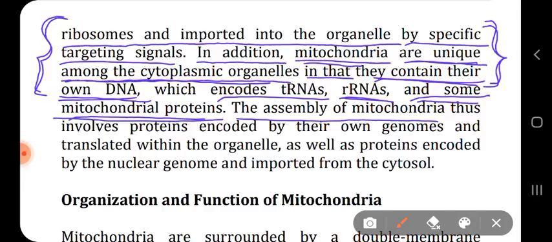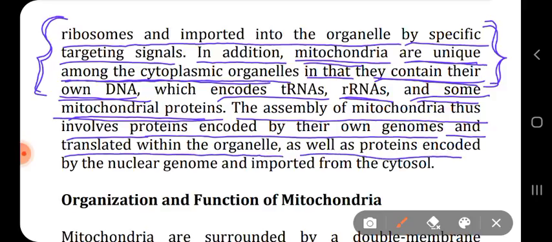Assembly of mitochondria involves proteins encoded by their own genome and translated within the organelle, as well as proteins encoded by the nuclear genome and imported from the cytosol. So some proteins are produced within the mitochondria, which have their own ribosomes.